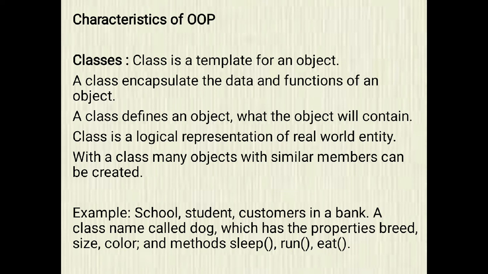All the students will have the same properties: roll number, name, age, phone number. And they will have the same methods or functions like studying, sleeping, and so on. Since they have the same members, they can be grouped together.